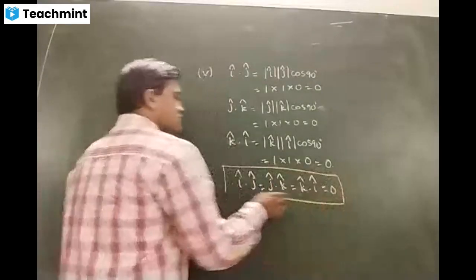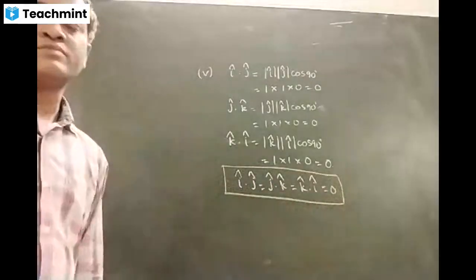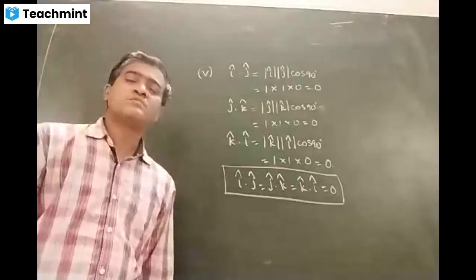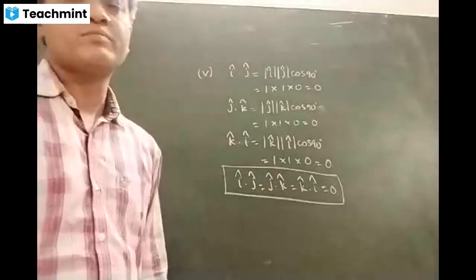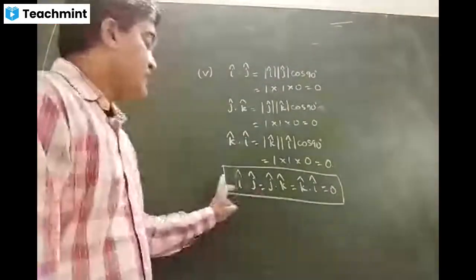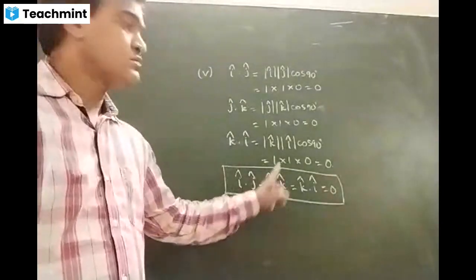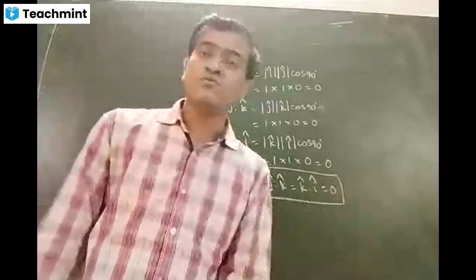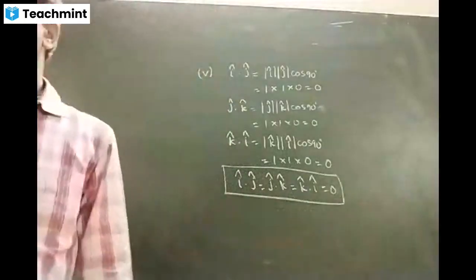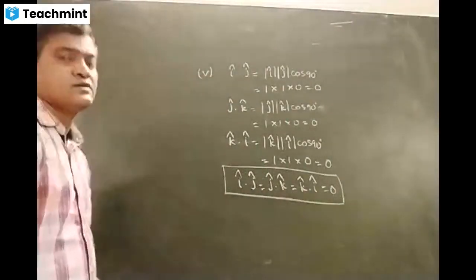And remember these two results: I cap dot I cap is equal to J cap dot J cap is equal to K cap dot K cap is equal to 1. And I cap dot J cap is equal to J cap dot K cap is equal to K cap dot I cap is equal to 0. Right?